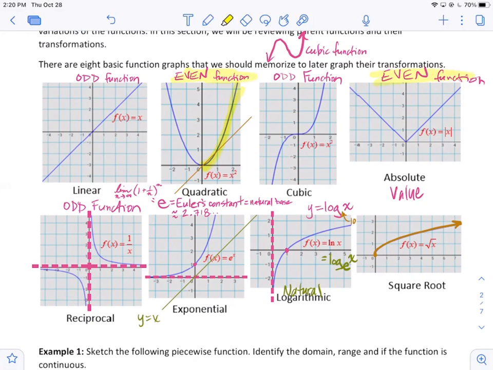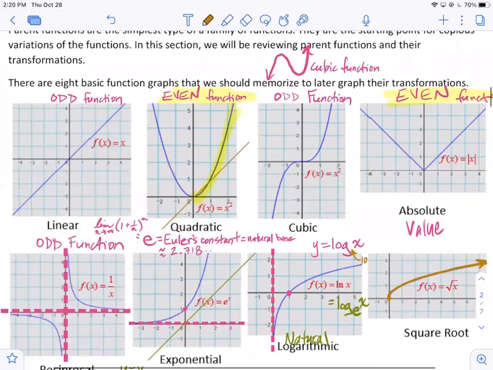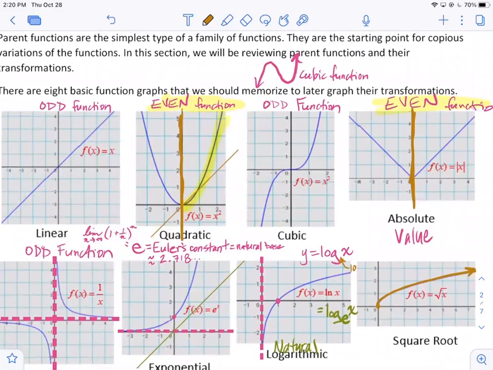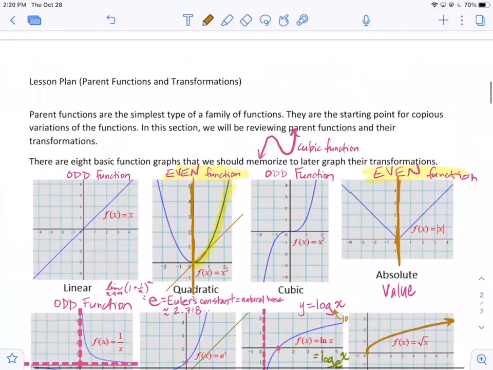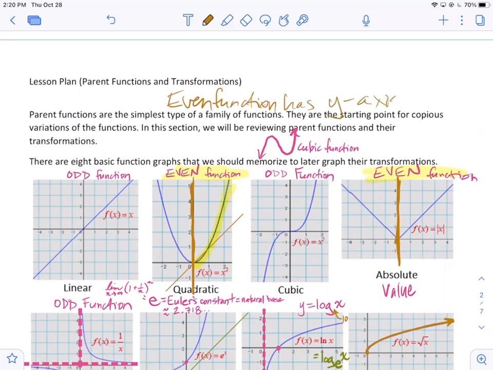Yeah, what is that folding line? X equals 0. Good. You didn't even say the y-axis. Good. These have y-axis symmetry. An even function has y-axis symmetry.